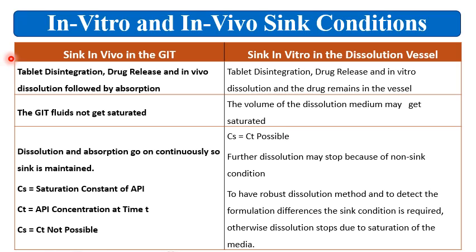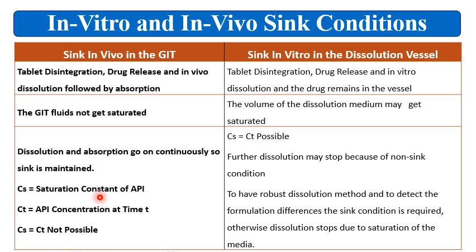If you consider the sink condition in vivo in the GIT, and consider the dosage form as a tablet formulation, the tablet is taken by oral route, then the tablet will disintegrate, the drug release will happen, and in vivo dissolution will be followed by absorption. So the GI fluids do not get saturated as dissolution and absorption go on continuously. So in vivo the sink is maintained.